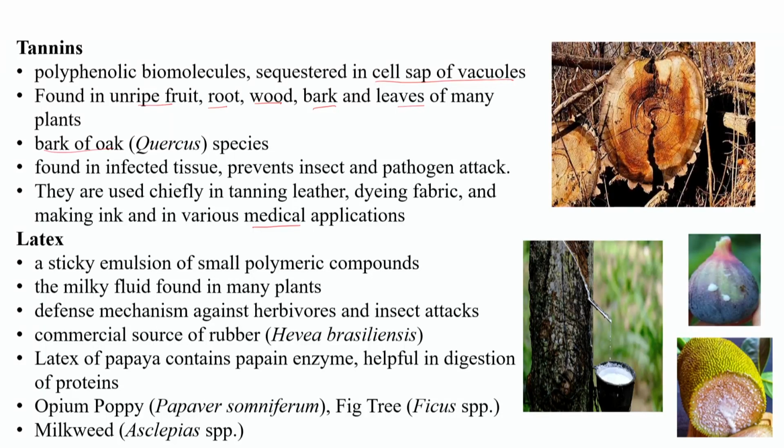Now the next important ergastic substance which is found in plants is latex. Now this latex is basically a sticky emulsion and it is made up of a heterogeneous group of polymeric compounds. Now emulsion, you can say that when we try to mix two immiscible liquids, then we get an emulsion.